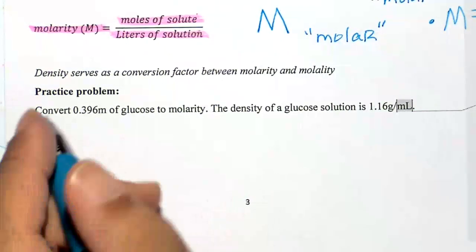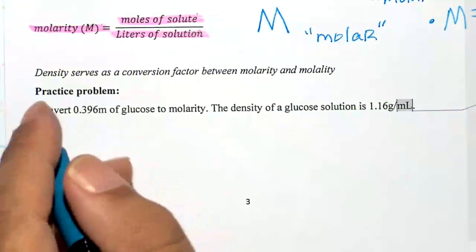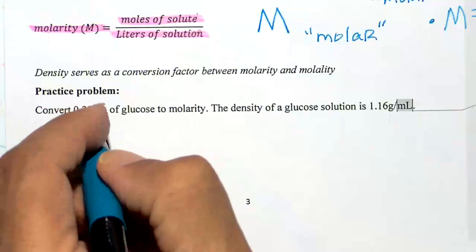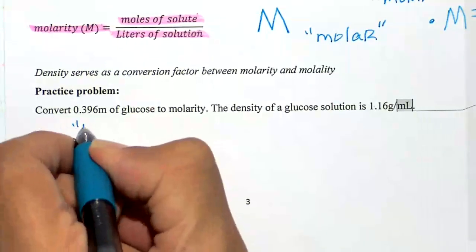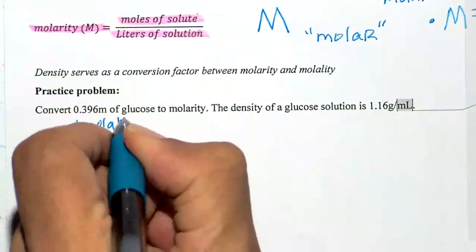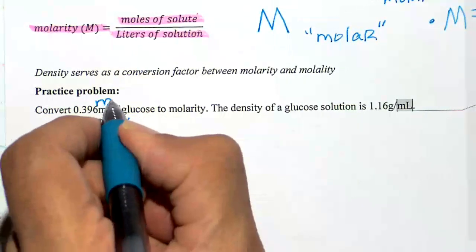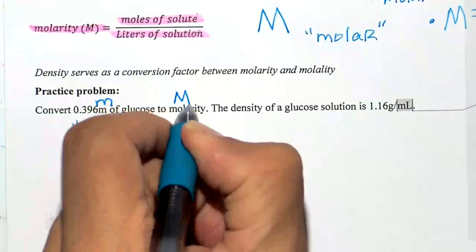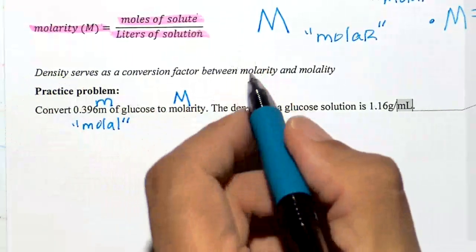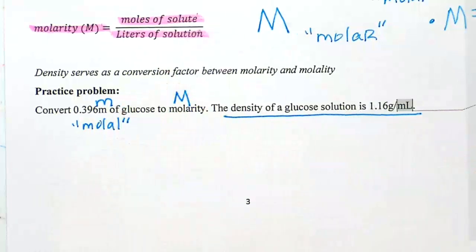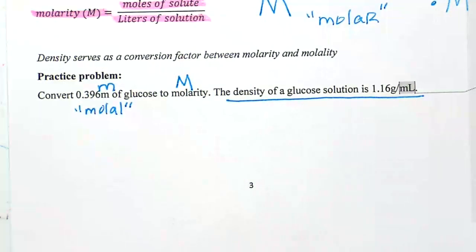I just need you to be with me as we go over this together because this is new. 0.396 molal glucose to molarity. So we have lowercase m to big M, and they tell you the density of glucose solution is 1.16 grams per milliliter.